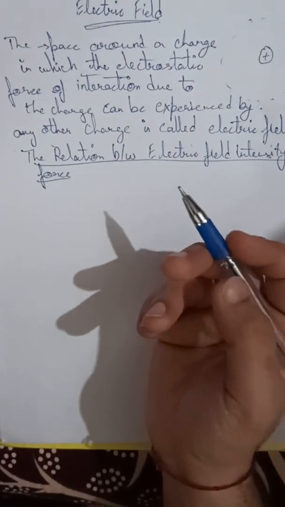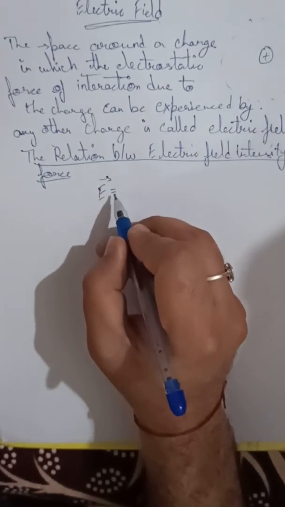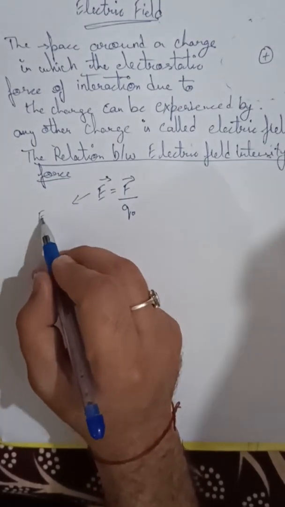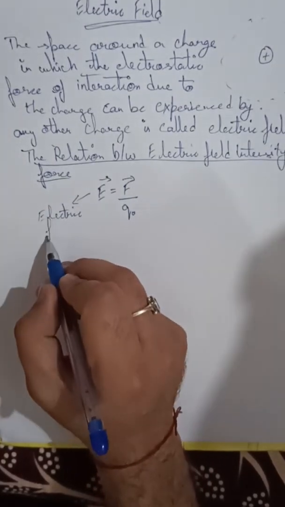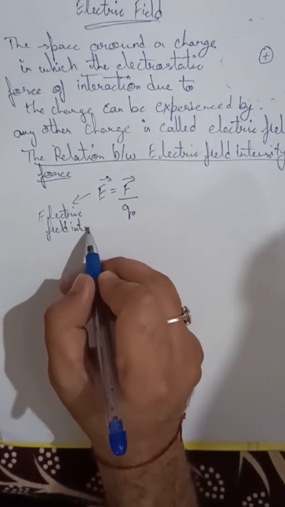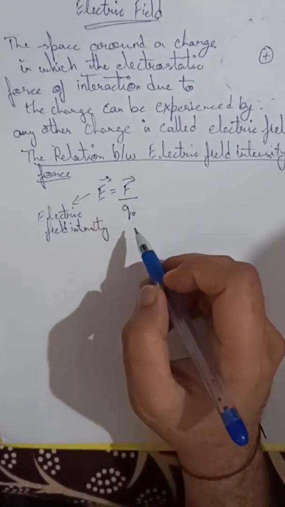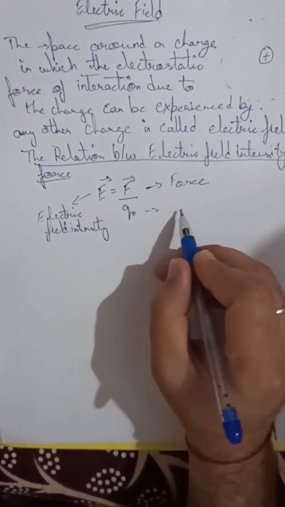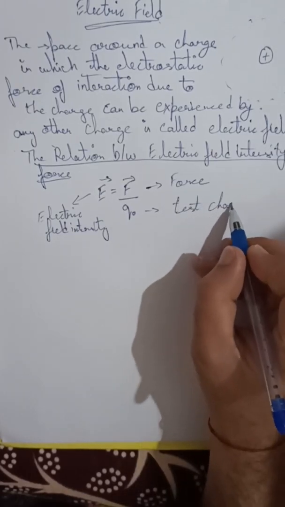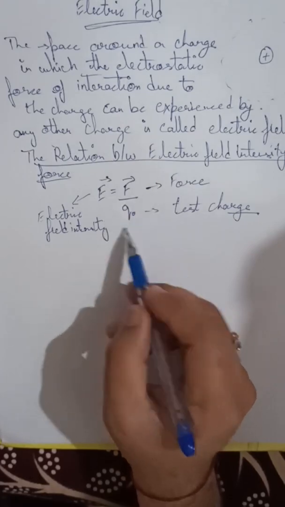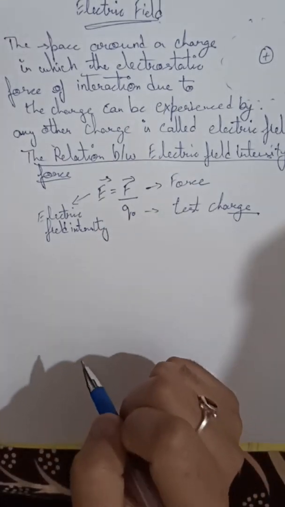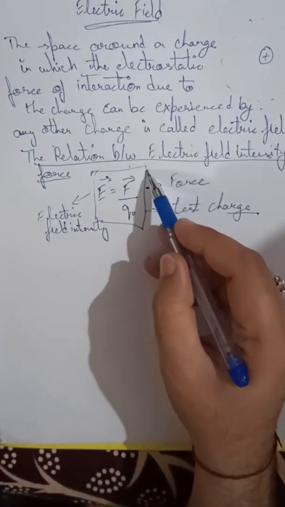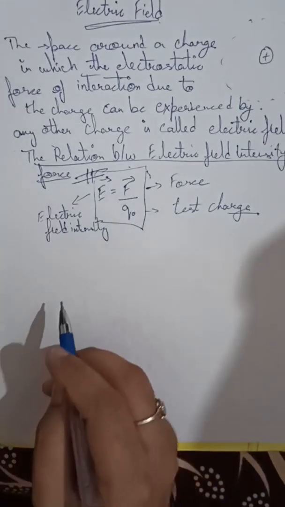Then the electric field intensity can be given as E is equal to F upon Q0, where E is the electric field intensity, the strength of electric field, F is the force and Q0 is the test charge, or the charge under the test, the charge which we are observing. This is very important, so mark it.